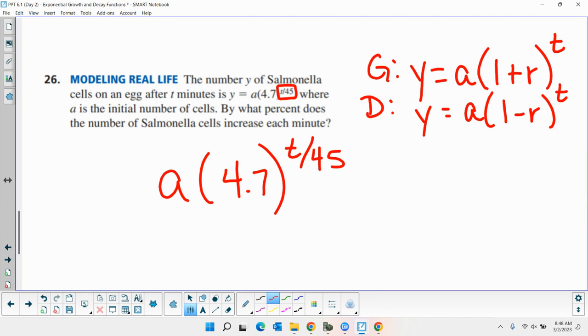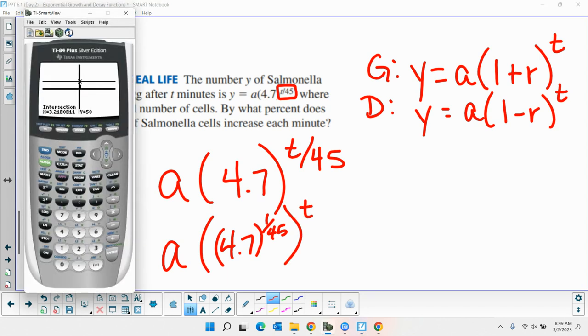So to find the percent, that's that R value, okay? But this isn't a T here. So what we talked about on Tuesday was taking this 4.7 and raising it to the 1/45th power. So we do that in our calculator.